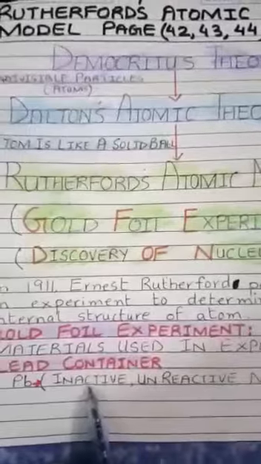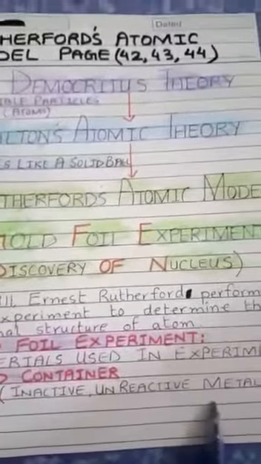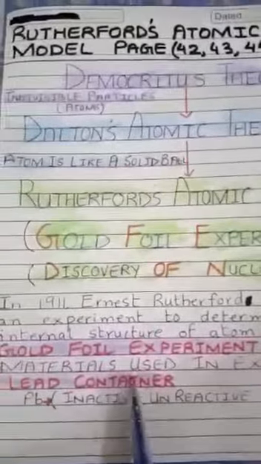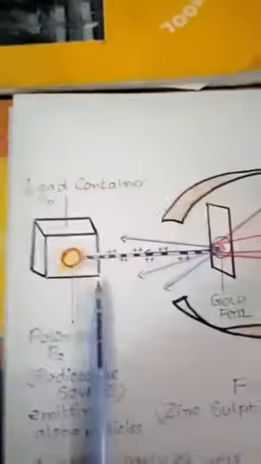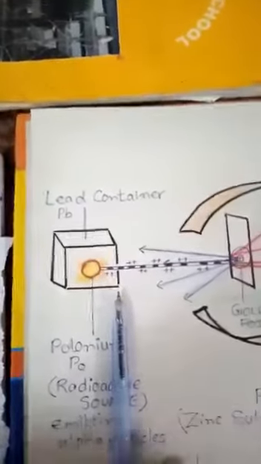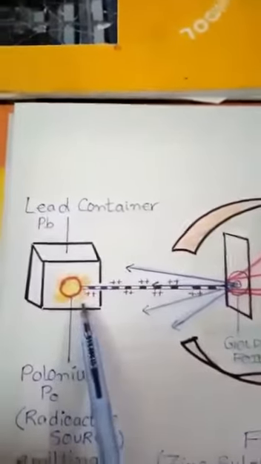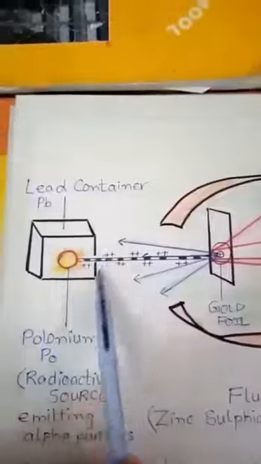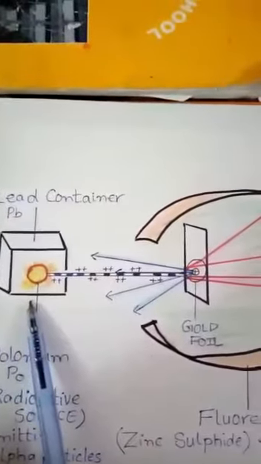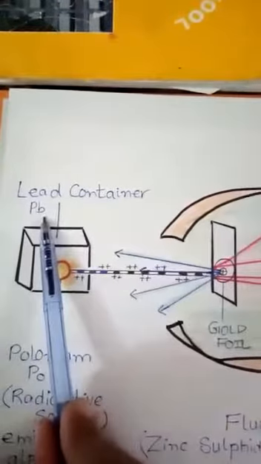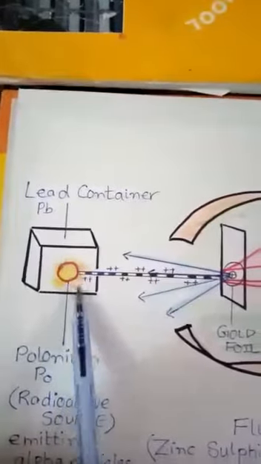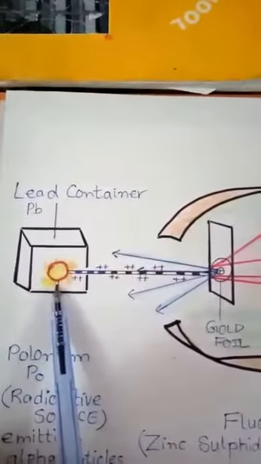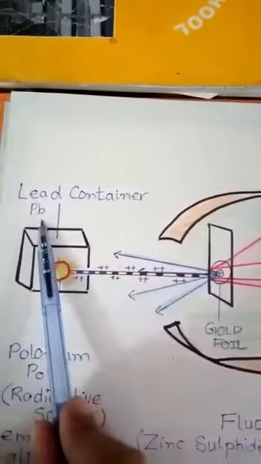Lead is an inactive or unreactive metal, meaning the container was made up of lead. If you see over here, this is a lead container. Rutherford used it because lead will not react with the other elements kept in this container.